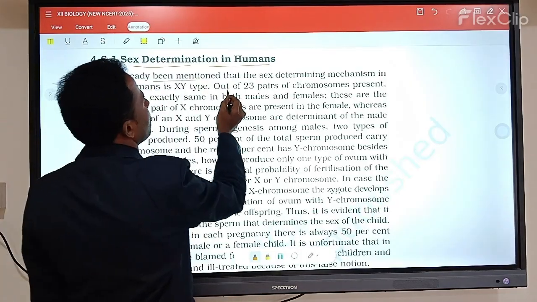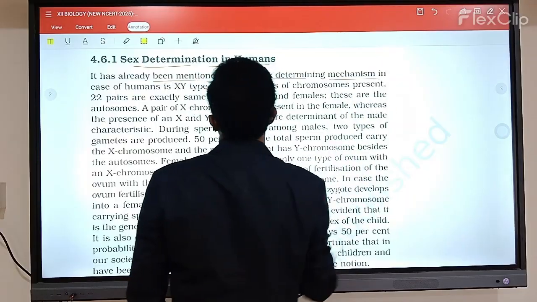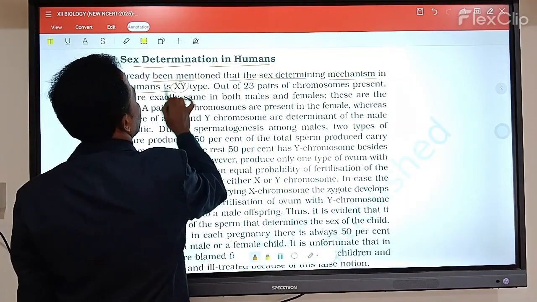It has already been mentioned that the sex determining mechanism in humans is the XY type.